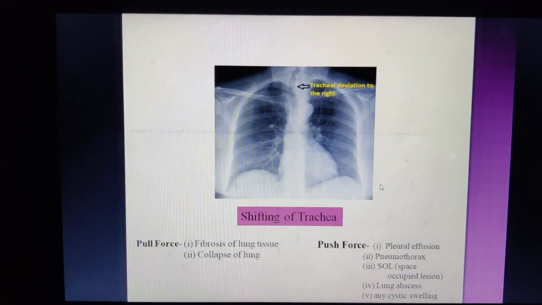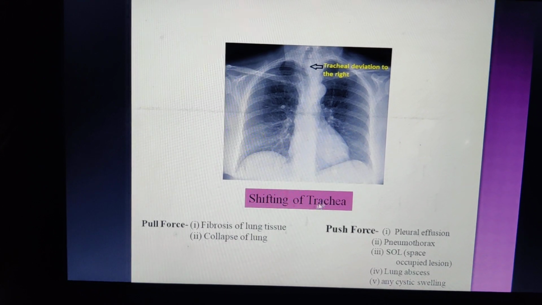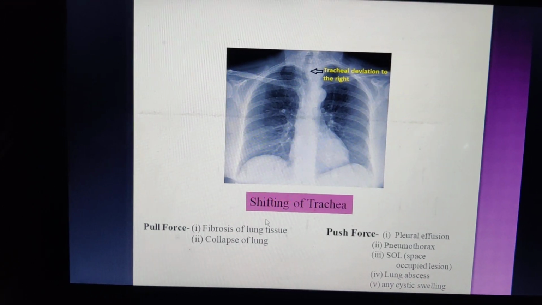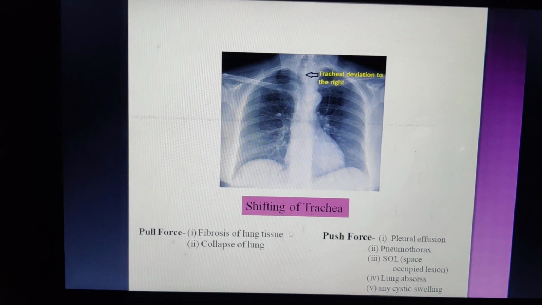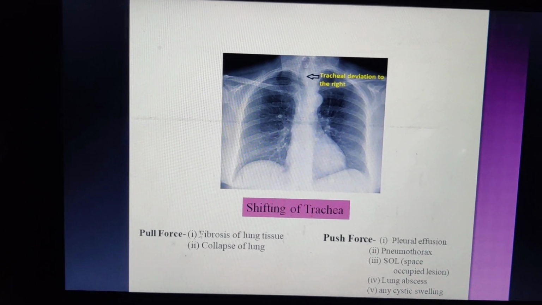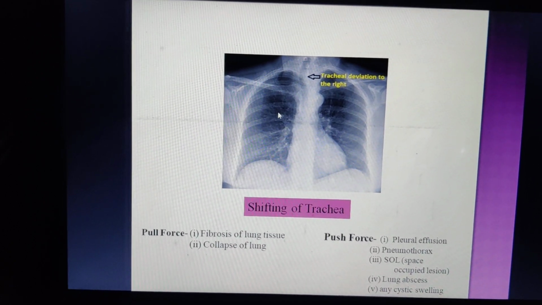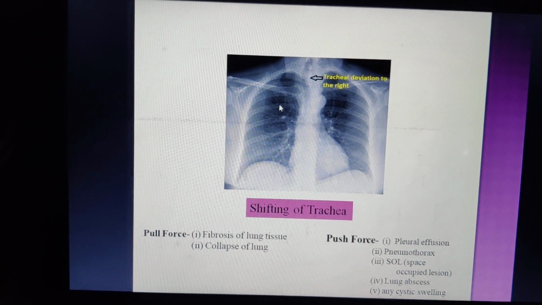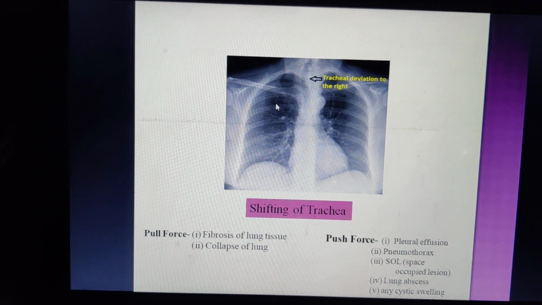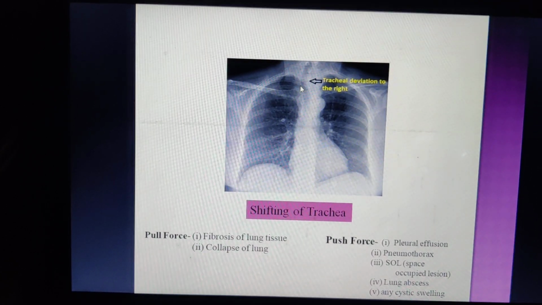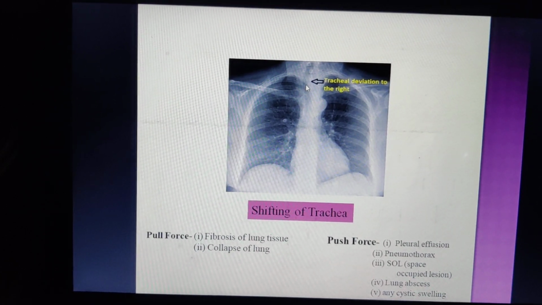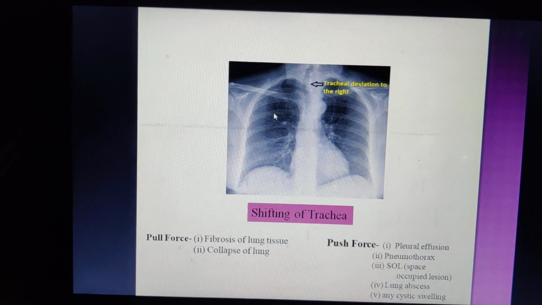So there is shifting of the trachea, and it is very important to see. There are two forces, the pull force and the push force. Pull force: assume there is abnormality in the right lung, there is fibrosis and collapse of this lung. What will happen? It will pull the trachea towards the affected lung.